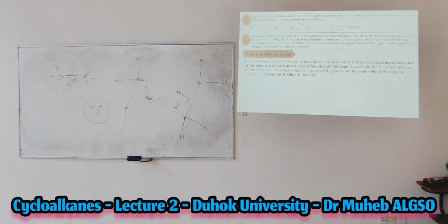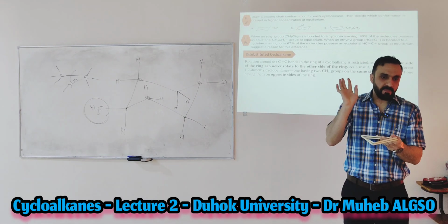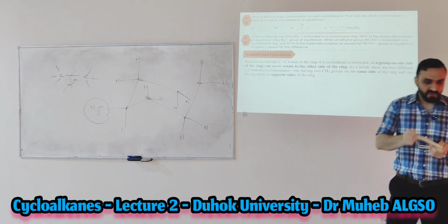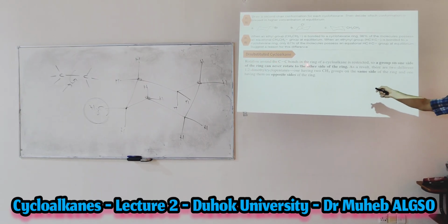So the upper group will remain upper, and the down will remain down. There is no rotation between the carbons of the cycle. Here, the rotation around the carbon bonds in the cyclohexane ring is what? Restricted. So the groups on one side of the ring never rotate to the other side of the ring.